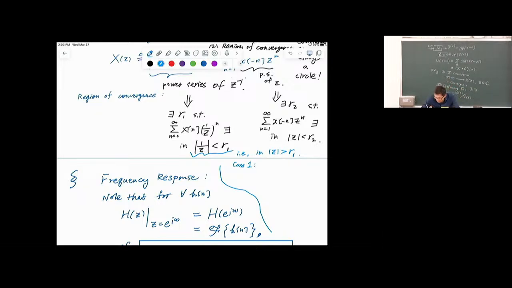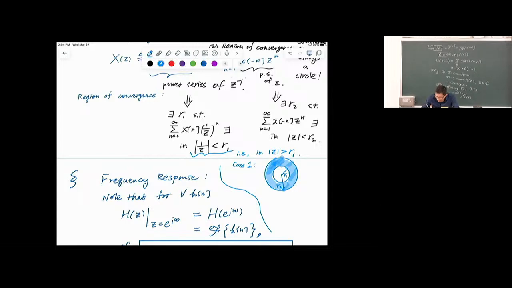Case one is when R1 is smaller than R2, and we're good. Then our region of convergence should be the intersection: outside the first circle and inside the other circle. That's one situation.